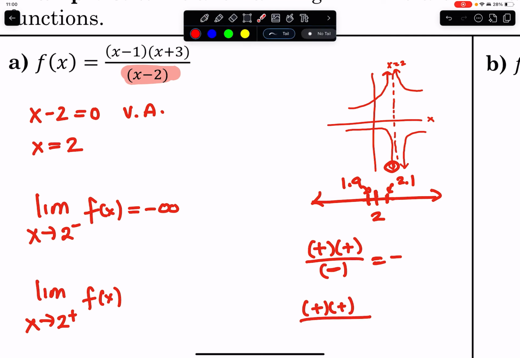And in the denominator, if I do 2.1 minus 2, that's going to be a positive value. So this equals positive. So the right end is pointing upwards towards positive infinity. So there's your answer.